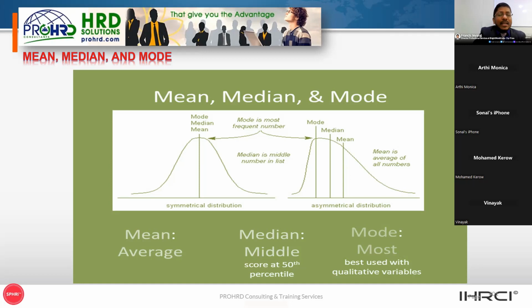What will be the mean salary? One person $1, another person $1, third person $1,000. So what is the mean salary?